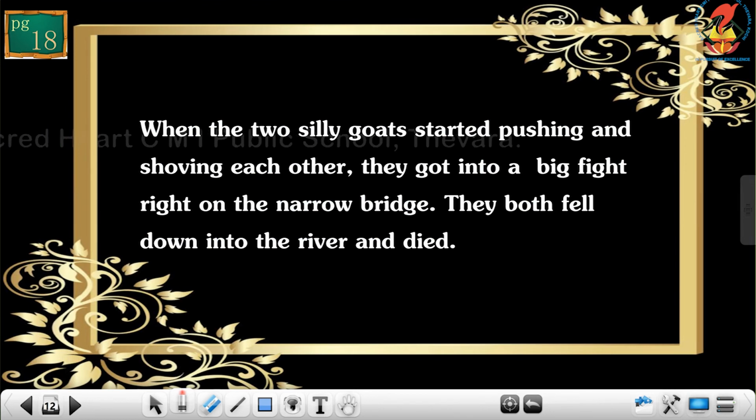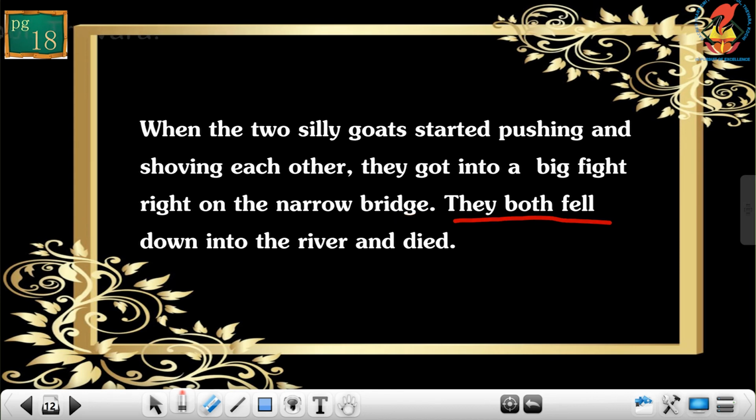This is our last and final paragraph. When the two silly goats started pushing and shoving each other, they got into a big fight right on the narrow bridge.